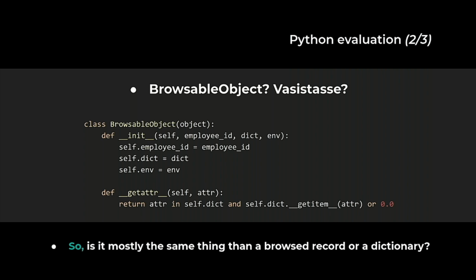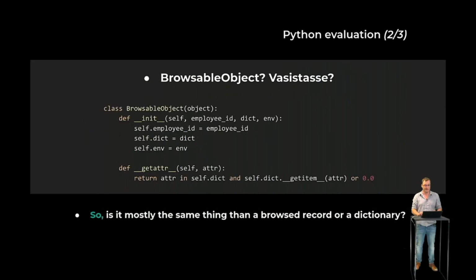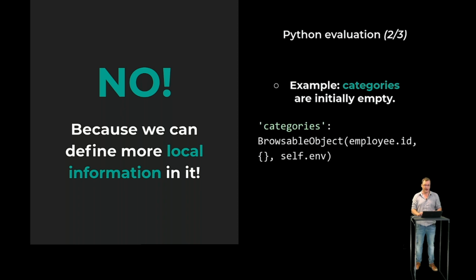So, what is the added value of such a structure then, if it's mostly the same thing as a browsed record? In fact, it's not the same thing, because we can define more information on it. For example, we can, at each payslip line, add information on the dictionary. Let's take the example of the categories.